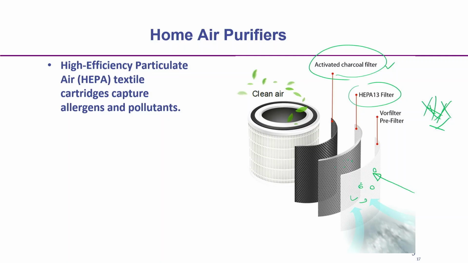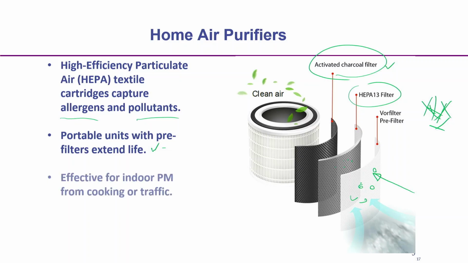So, these cartridges are there and they capture the allergens and pollutants, and portable units use a pre-filter for extended life. So, the pre-filter is used, effective for indoor particulate matter from cooking or traffic.